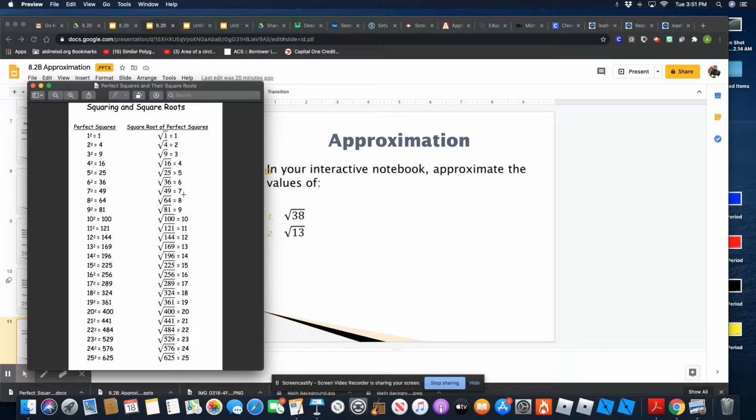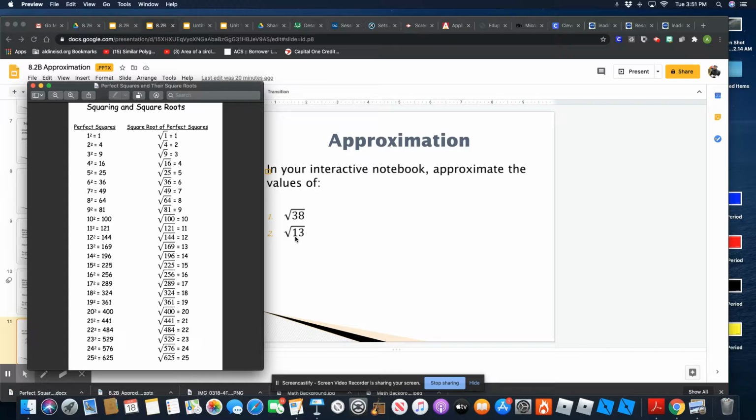Okay. Now, which one is it closer to, 6 or 7? Well, I know that 38 is closer to 36 than it is to 49. Therefore, the square root of 38 would be closer to 6.